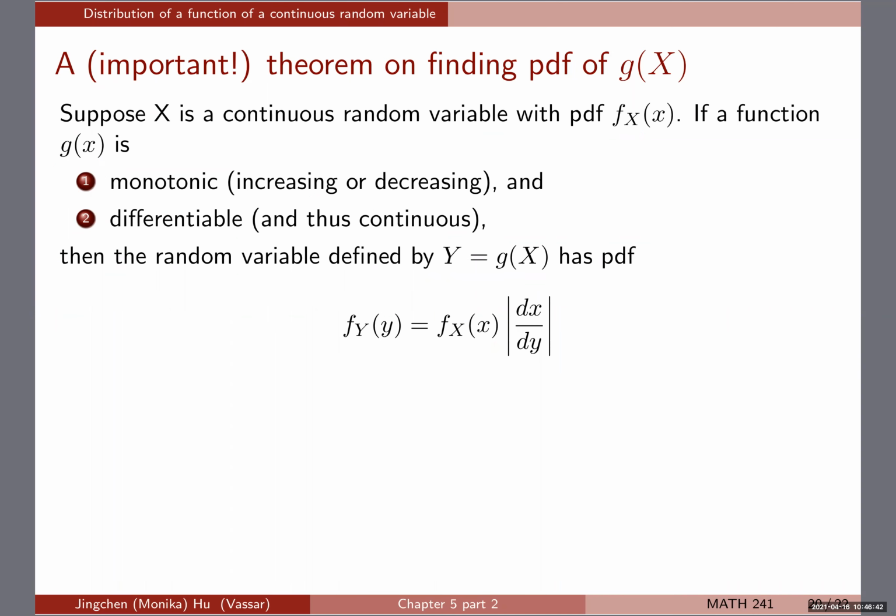When the case comes up that you cannot use the result, because either the function is not monotonic or is not differentiable or both, there is another way.